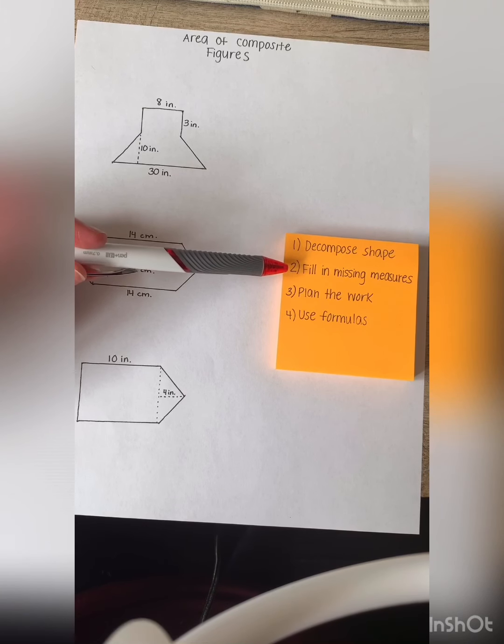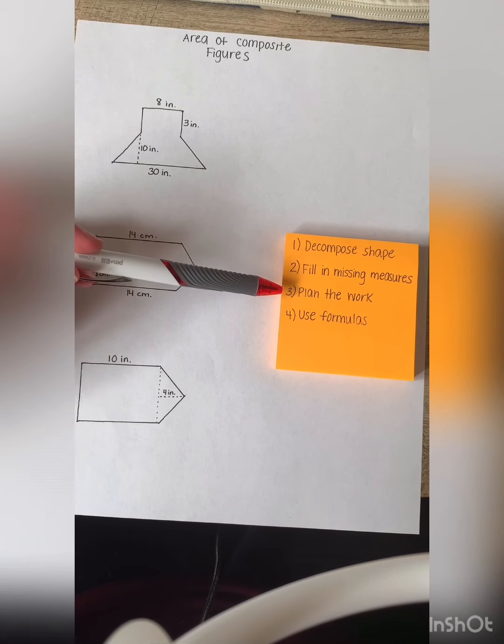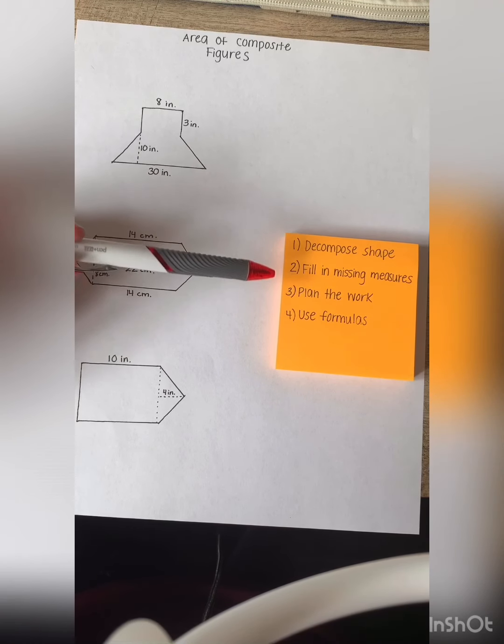So anything that is not marked, I want to mark it for myself because I might need it later. 3, I need to plan the work. So I want to make a plan as to how I'm going to solve this because there's a lot of steps and I don't want to forget anything. And then 4 is use the formulas and of course follow the plan you just made.